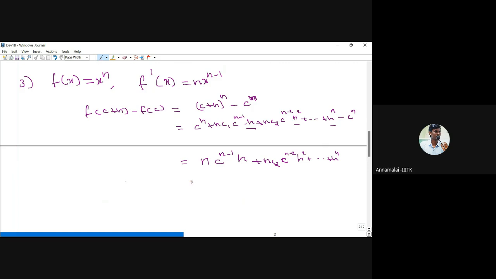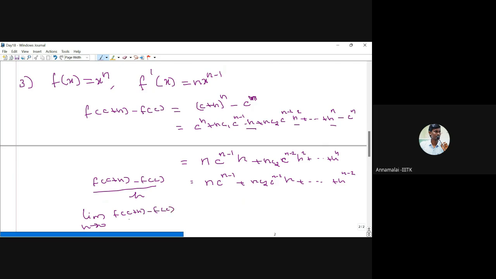Now divide by h. So what is f of c plus h minus f of c, whole divided by h? In the first term h cancels, we have n into c power n minus 1, plus n choose 2 c power n minus 2 into h, because one h is cancelled, and so on, plus h power n minus 1. Now if you take the limit h goes to 0 of f of c plus h minus f of c by h, we only get n into c power n minus 1, because all other terms contain h.